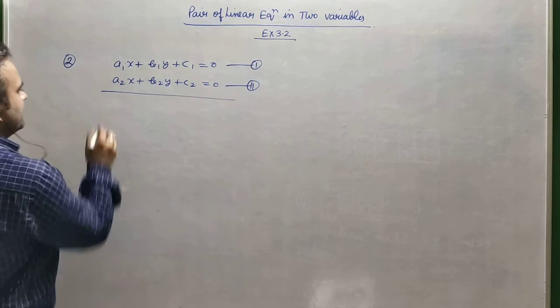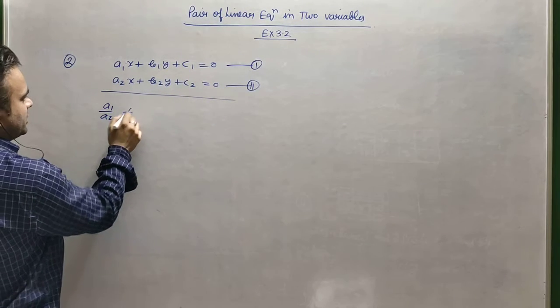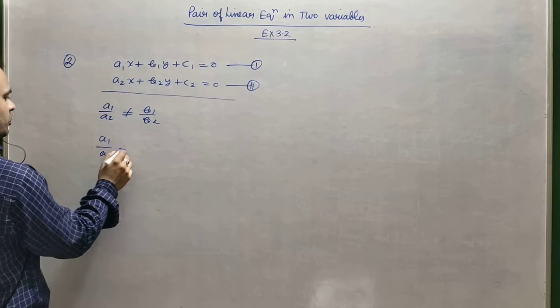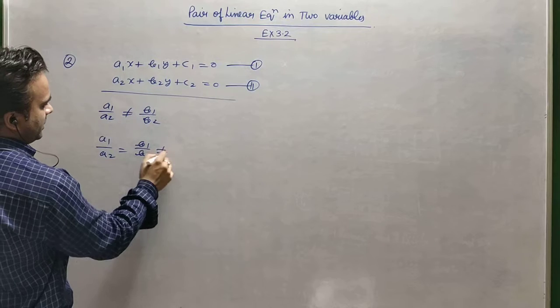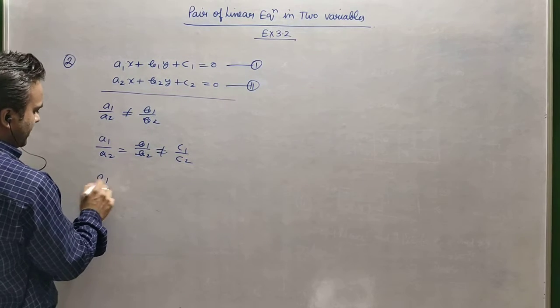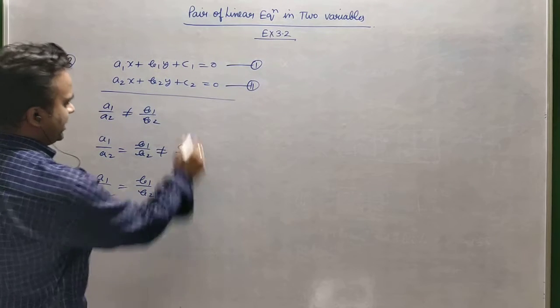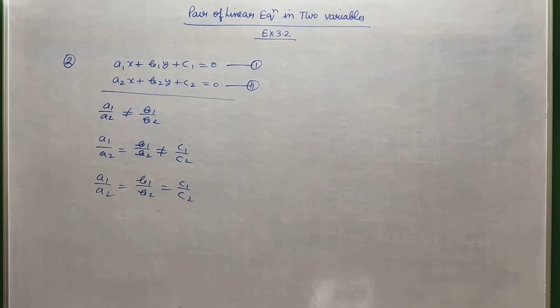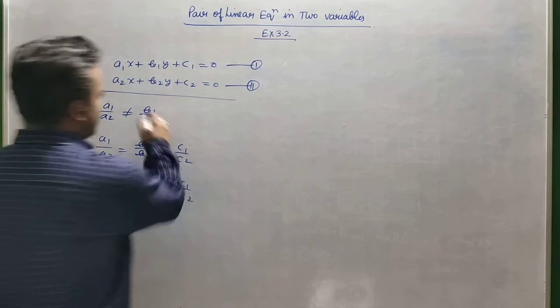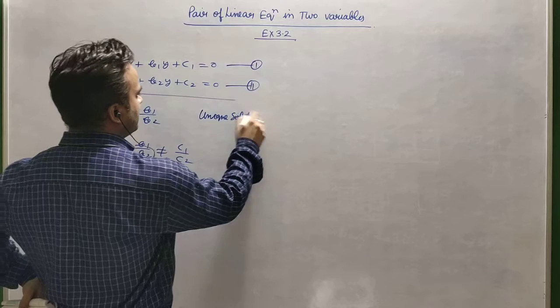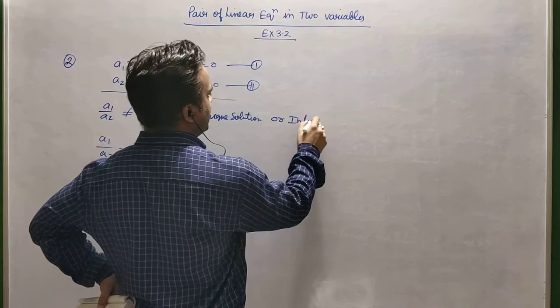There are 3 cases: if a1 upon a2 is not equal to b1 upon b2; if a1 upon a2 is equal to b1 upon b2 but not equal to c1 upon c2; and if a1 upon a2 is equal to b1 upon b2 is equal to c1 upon c2. On the basis of whichever one case we find, we can find the nature of the graph. If the first is happening, then we will find a unique solution, or we can say intersecting lines.